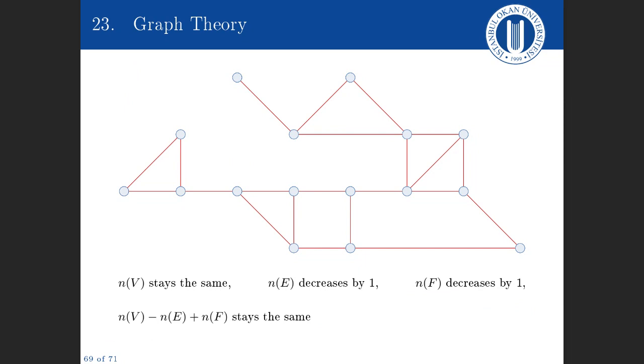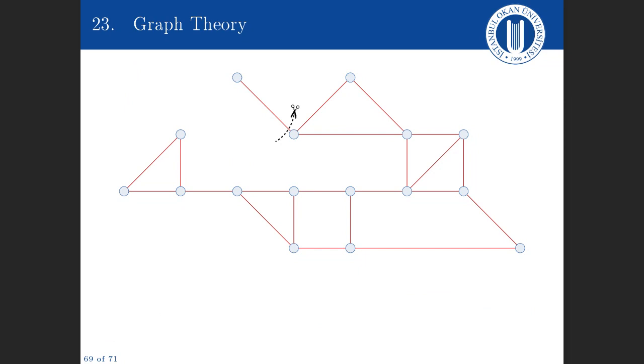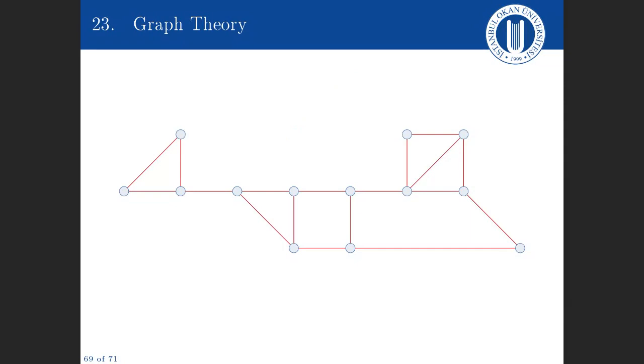And then we can carry on. Here's another pendant vertex. We can cut this off, and Euler's formula doesn't change. And then keep going. Keep simplifying it using these 2 operations. Every time we do this, Euler's formula doesn't change.